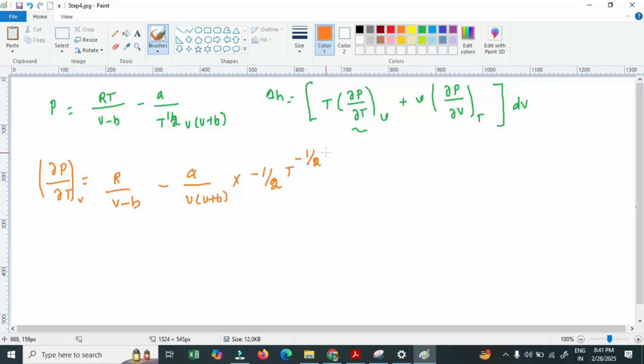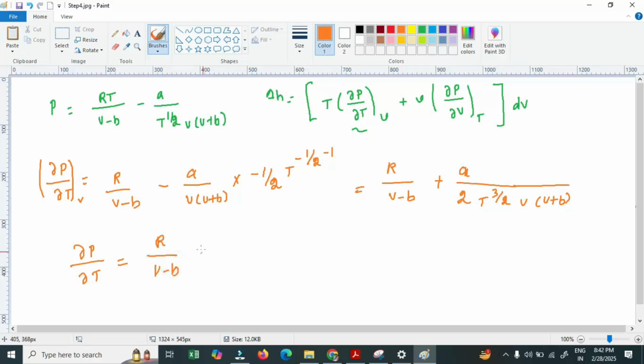You get R divided by V minus B, minus into minus plus 1 divided by 2, and we can put A over T power 3 by 2 into V plus B. Therefore dou P by dou T equals R divided by V minus B plus A divided by 2T power 3 by 2 into V plus B. It is under constant volume.